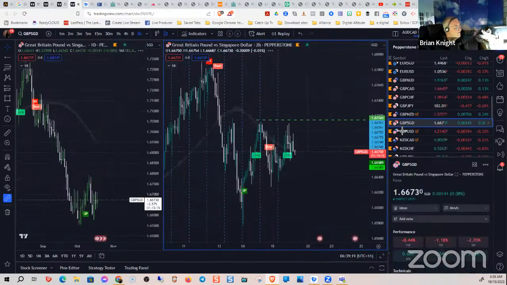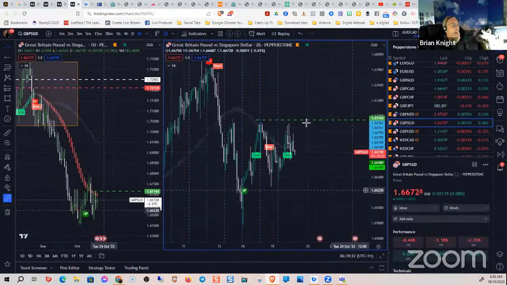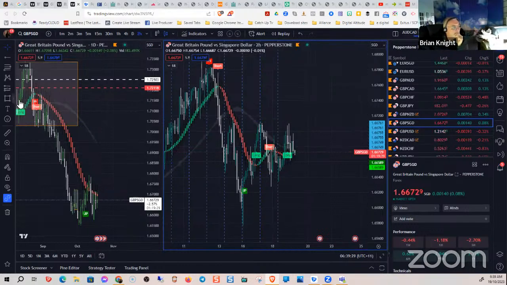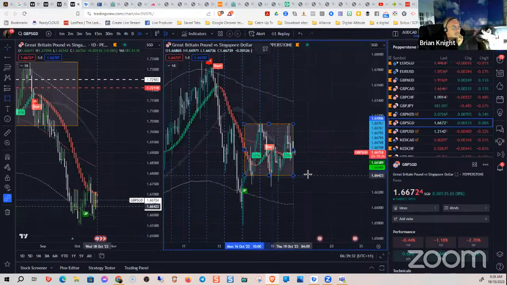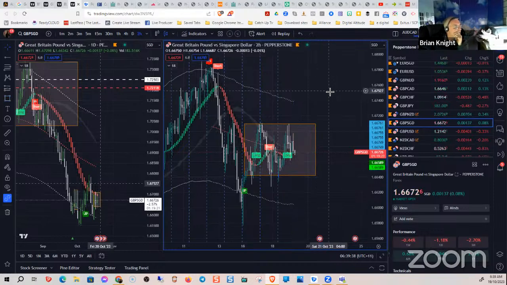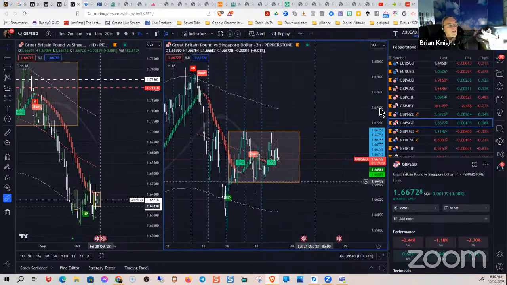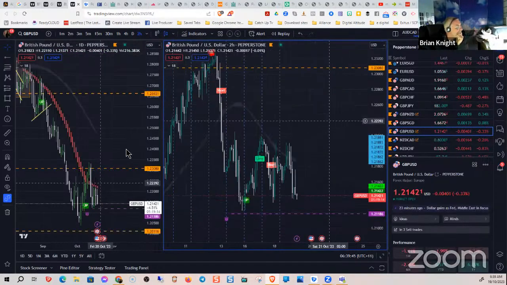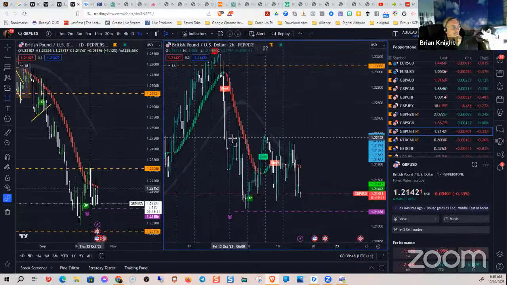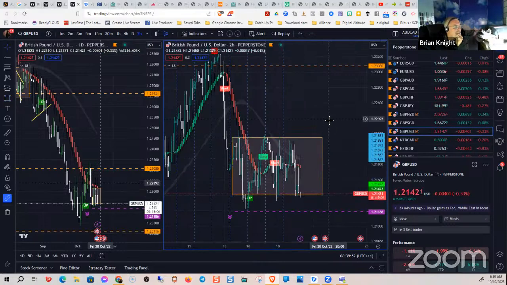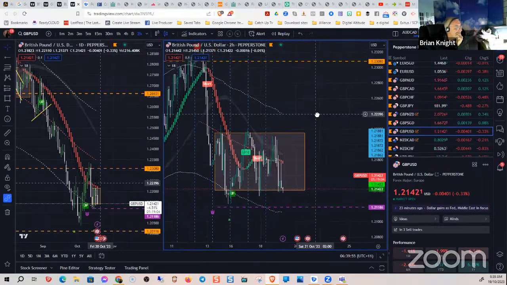GBP Singapore. Ooh. Yeah, didn't make that. It's going sideways at the moment, isn't it? See what happens when it breaks out. Okay, GU. That definitely is sideways. All right.